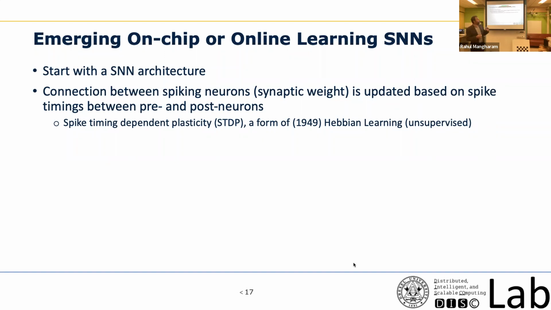This is called spike timing dependent plasticity, which is a form of Hebbian learning, which we saw in the 1949 paper. It is a completely unsupervised learning algorithm that SNNs support. It observes events, and the weights between the neurons automatically adjust based on the events you are perceiving into the architecture.